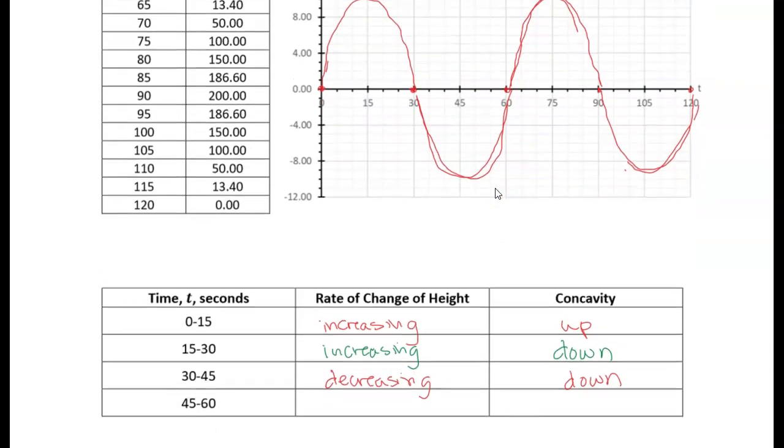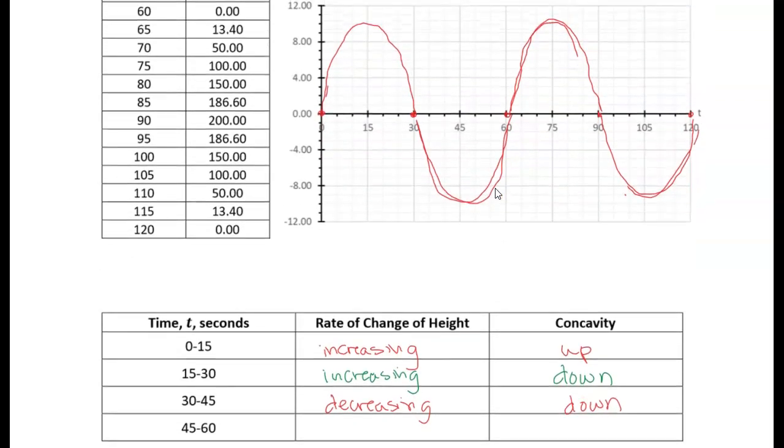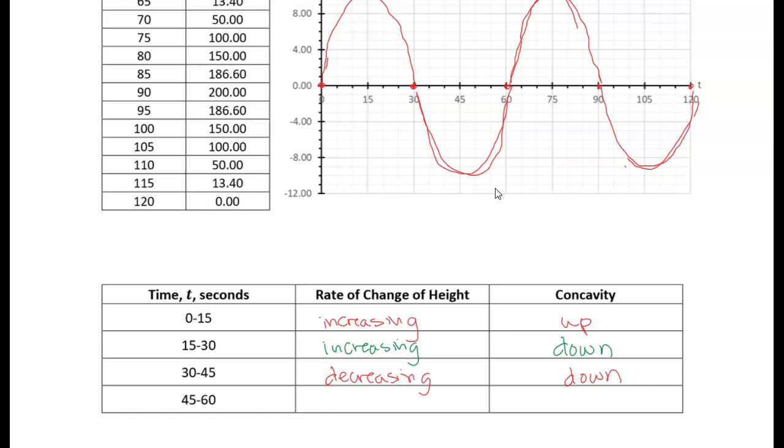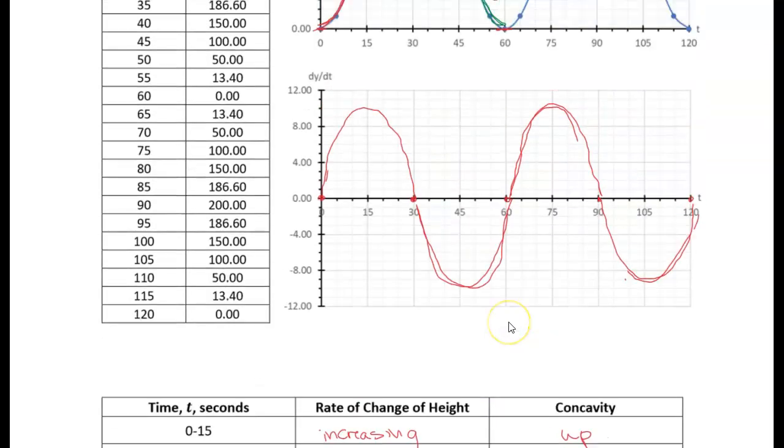So the slope is actually increasing because it's becoming less negative. So in this section, it's decreasing, but it's becoming less negative, so the slope is increasing, so it's concave up. All right, so that gives you some properties of this periodic function.